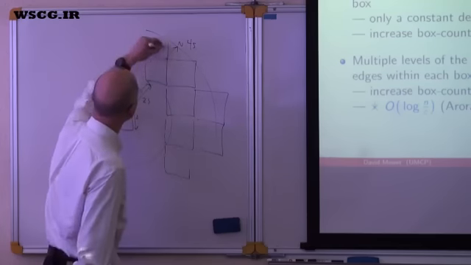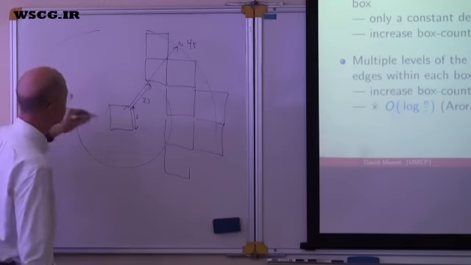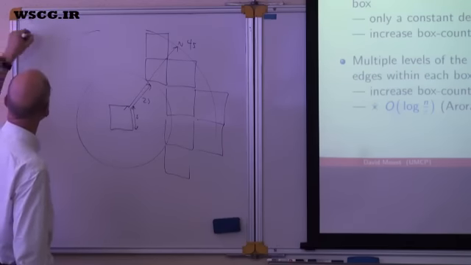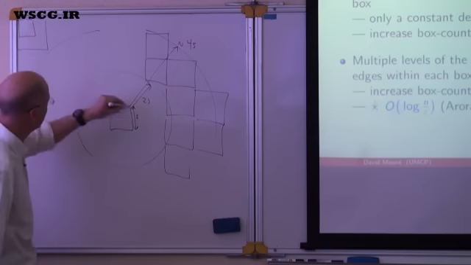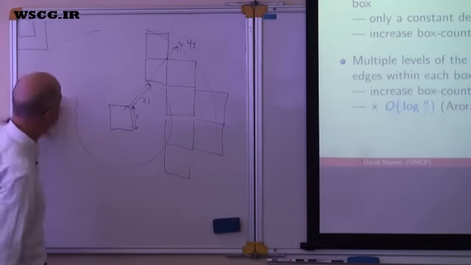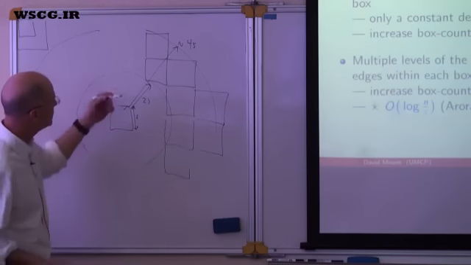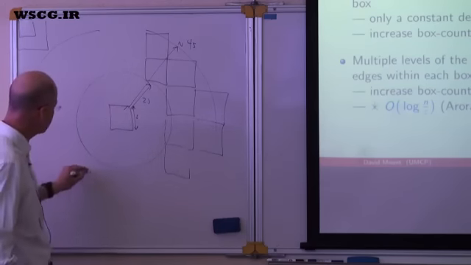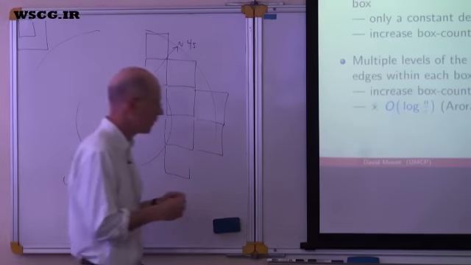You may remember why this is the case: you don't charge boxes that are very, very far away, because the parent of this box and the parent of that box were already well separated. So you're only charging boxes in a neighborhood region here. The number of such boxes is some constant raised to the power of d. This is the number of boxes I have to worry about.